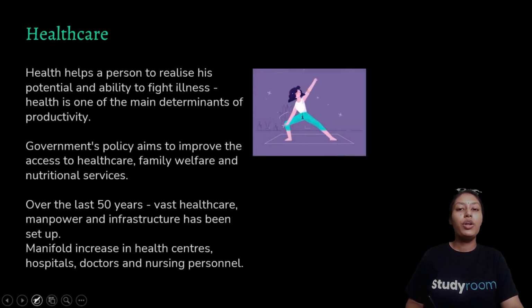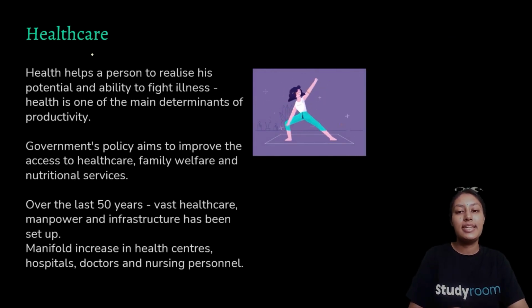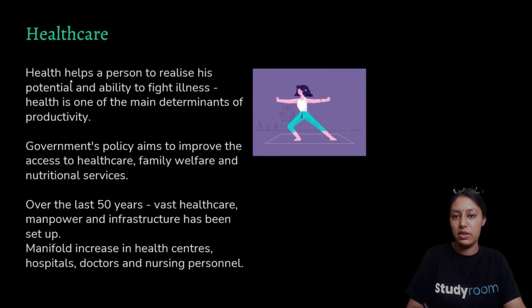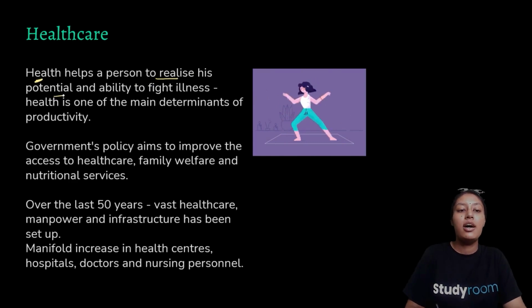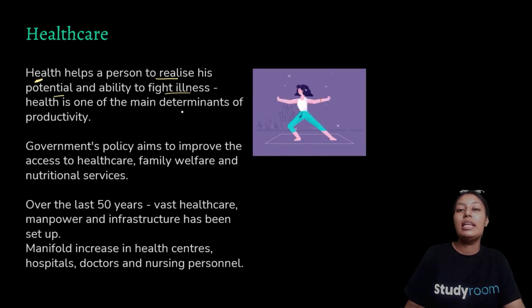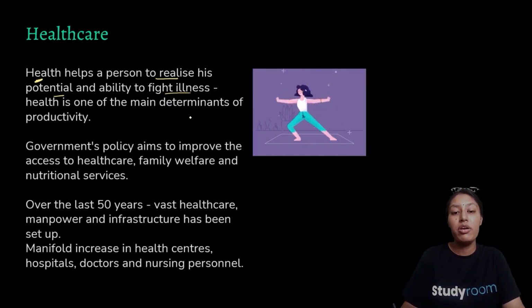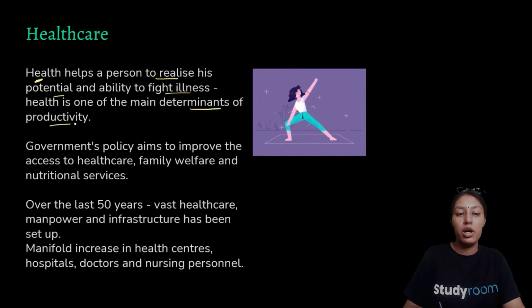Our next topic in quality of population is healthcare. To understand it, let's first understand what health is and how it is important. Health helps people realize their potential and ability to fight illness. Health is one of the most important determinants of productivity.